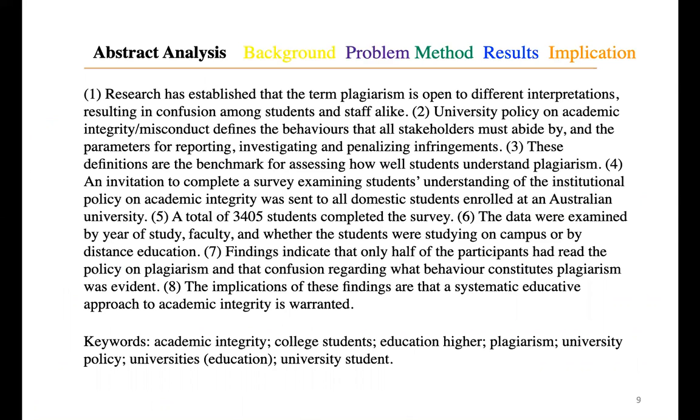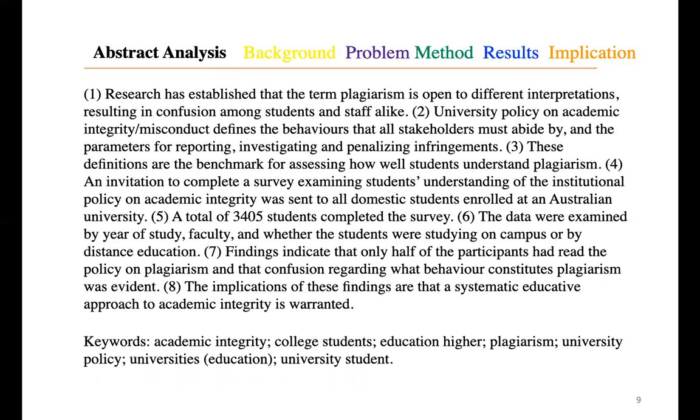You need to identify background, problem, method, results, and implication for this one. See, we do not have any subheadings this time. Then it's your job to identify each section or component. Okay, I'm going to give you some time, and later I'll review the answers.